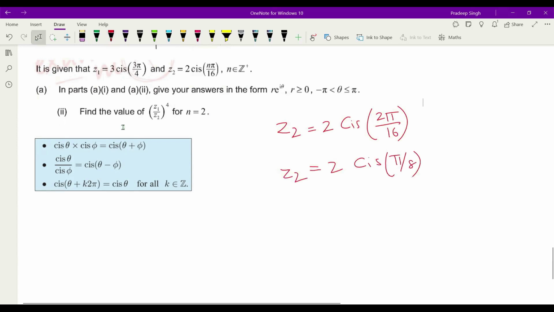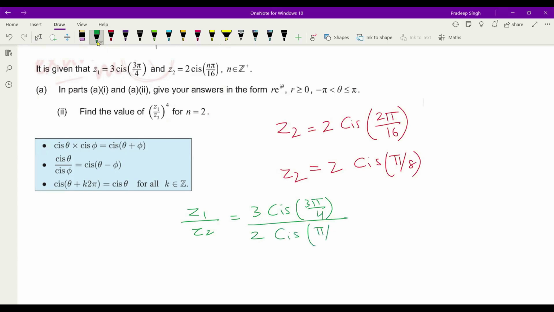Now what we need to do is divide z1 and z2 and then raise them to the power of 4. So let's do that. Z1 upon z2. Z1 is 3 times cis 3 pi by 4 as it's mentioned in the question. Z2 we found out 2 times cis pi by 8. Now we use the property of cis.